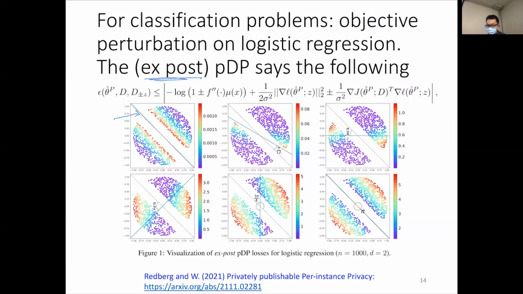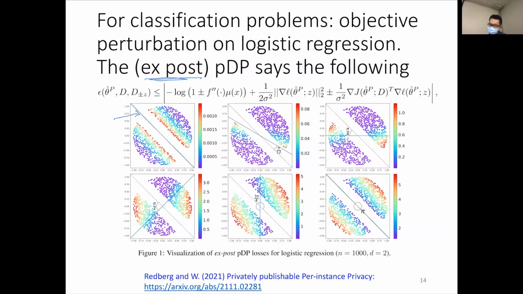Those data points that incur high privacy loss are those that are classified wrongly, and those classified wrongly and with high confidence, adding or removing those data points will have a more significant effect in terms of how they can change the final logistic regression coefficients.